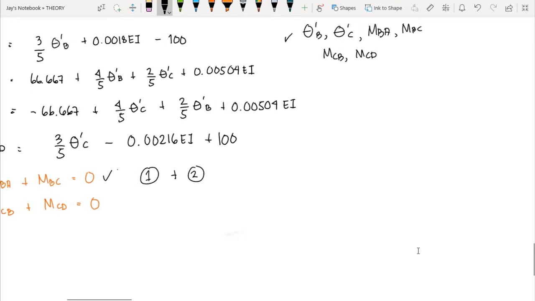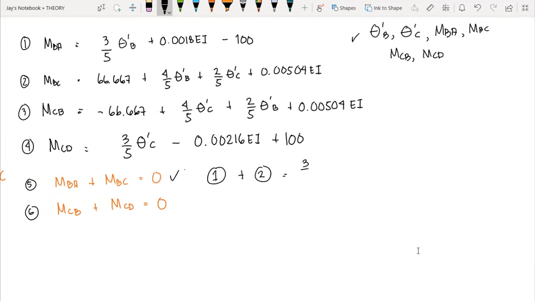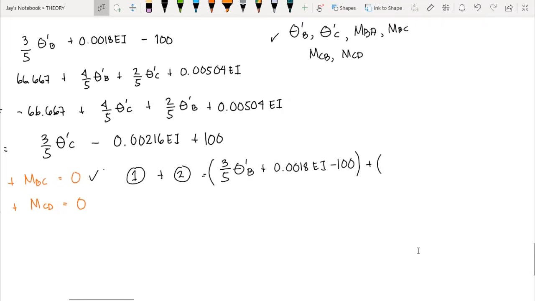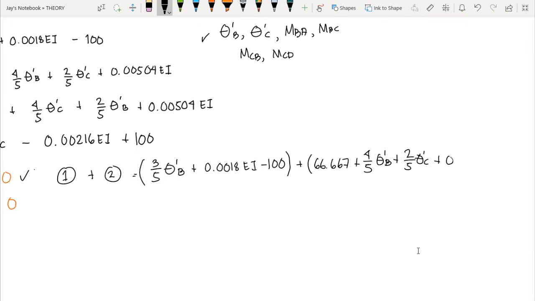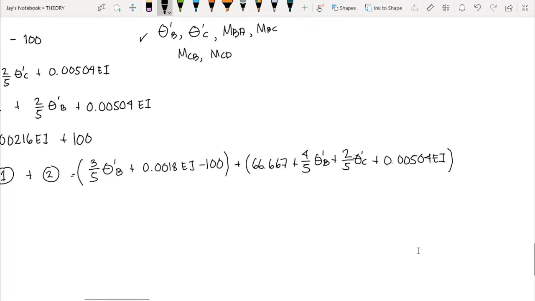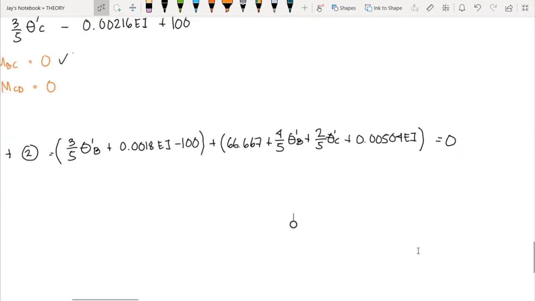We have 3 over 5 theta prime B plus 0.0018 EI minus 100, which is our moment BA, plus the moment BC, which is 66.667 plus 4 over 5 theta prime B plus 2 over 5 theta prime C plus 0.00504 EI, and this equals 0.